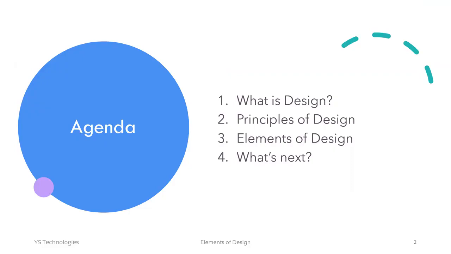Then we'll very briefly discuss some of the different principles, philosophies that are used when it comes to the designing process, and then spend the majority of the time talking about the different elements or objects we use in the designing process. And then we'll end with the next step.